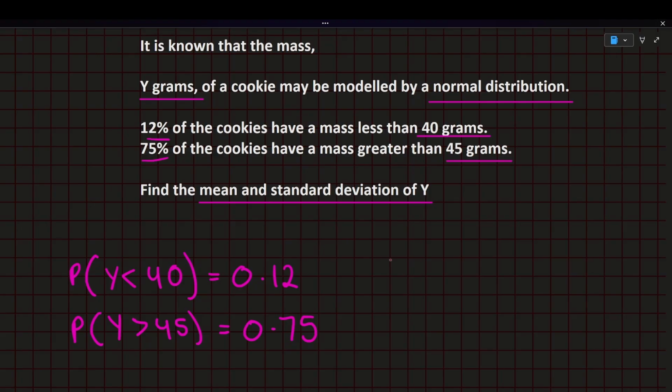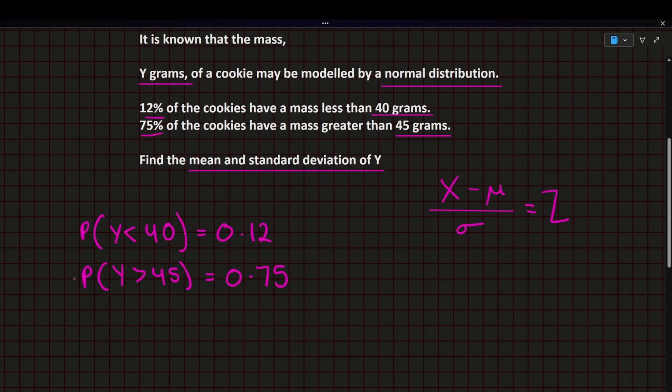Now, our equation to find our z-score, if you remember correctly, is x being our variable. For us, that's y, but I'll just keep it like this. Minus mu, which is the mean, divided by the standard deviation equals z.